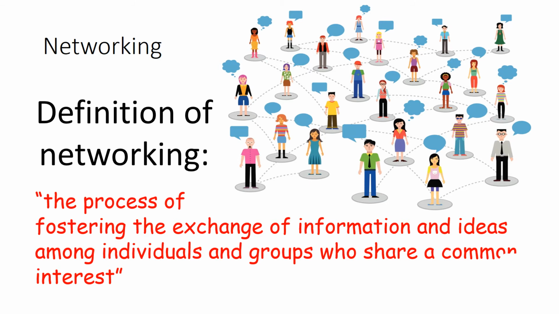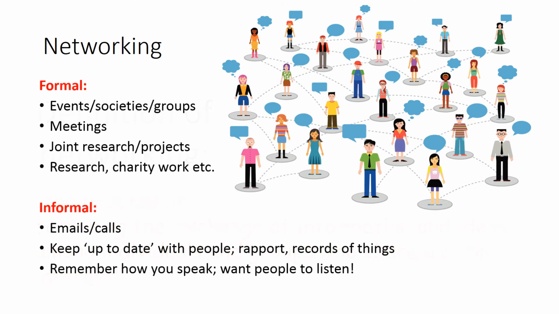And we can do that networking in many ways. They can be formal or informal. Formal can involve things such as events, societies, groups, chambers of commerce, networking platforms. Then there's meetings we attend with people, agreeing to do joint research projects or joint projects on other matters.